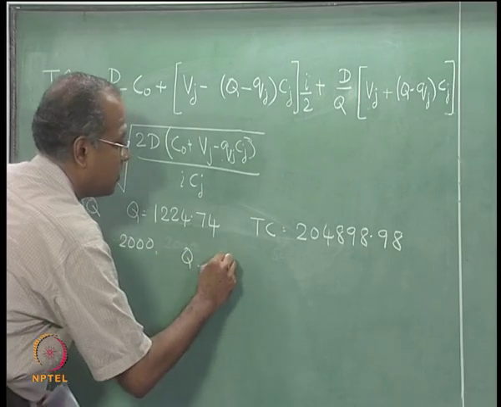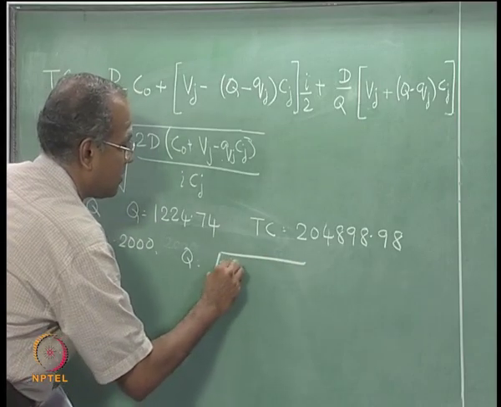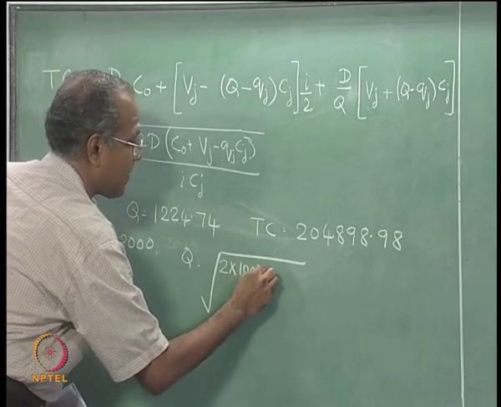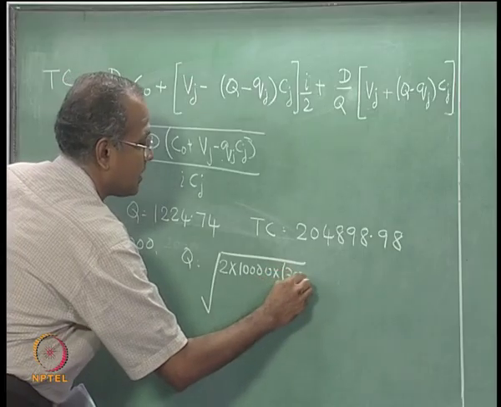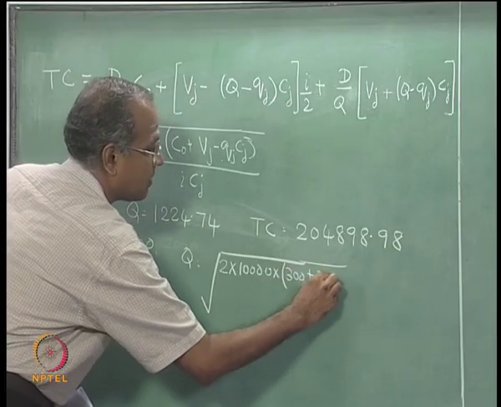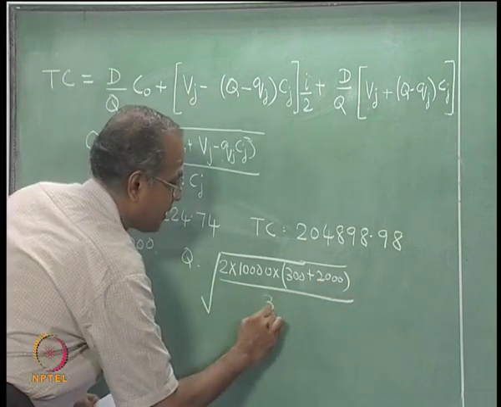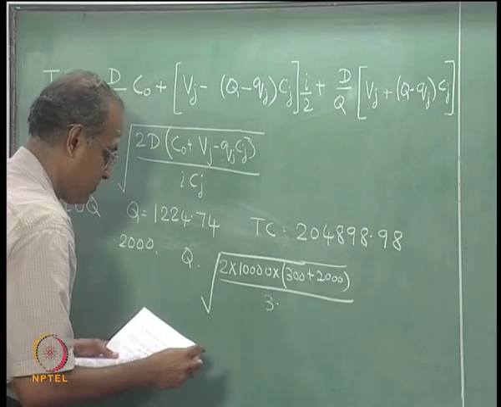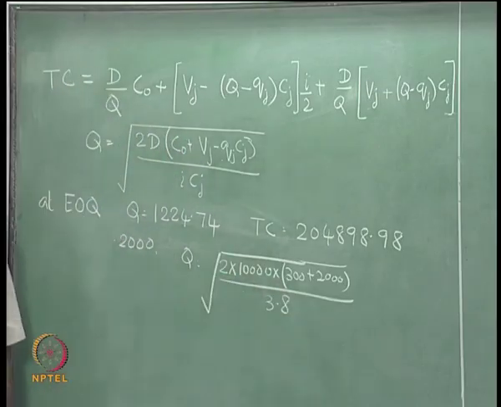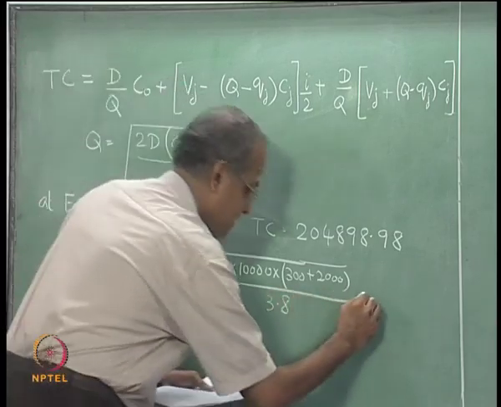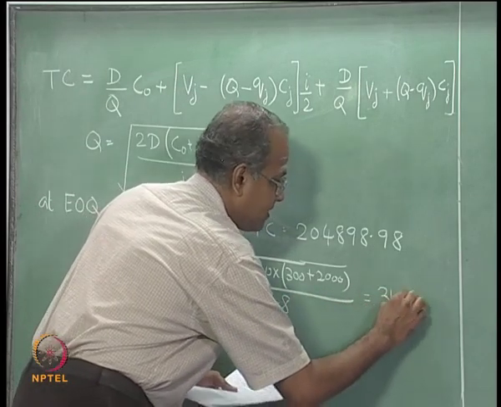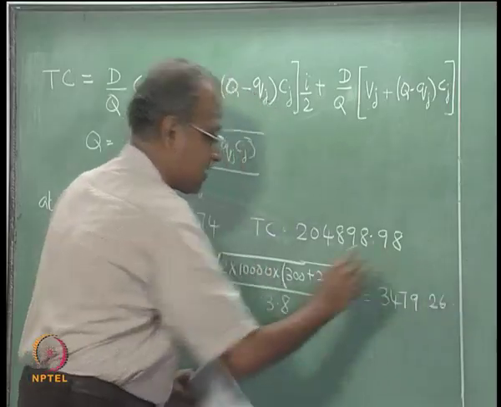So, at 2000, Q is equal to root over 2 into 10,000 into 300 plus 2000 divided by 3.8, because there is a 5% discount. So, 4 becomes 3.8. On computation this gives us 3479.26.